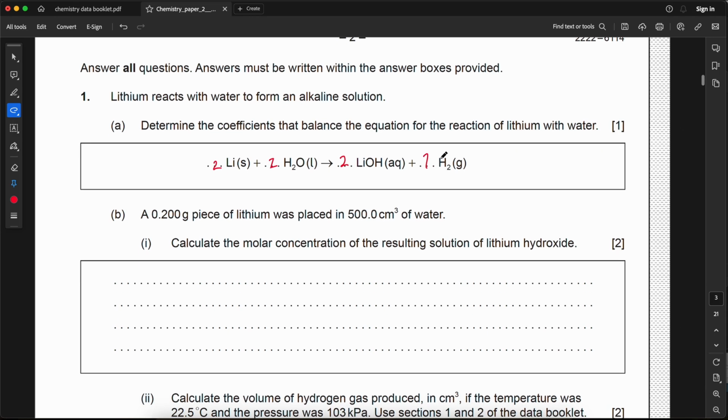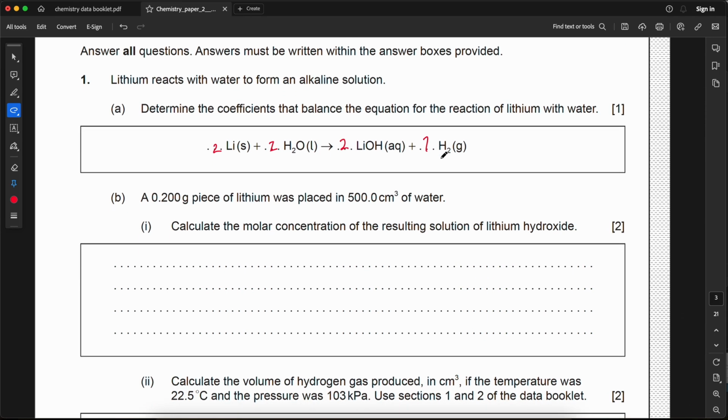Calculate the molar concentration of the resulting solution of lithium hydroxide. So to find the concentration of lithium hydroxide, we need n divided by V. So we have volume of 500 centimeter cube, which is 0.5 decimeter cube. So we need mole, but the mass of lithium is known.